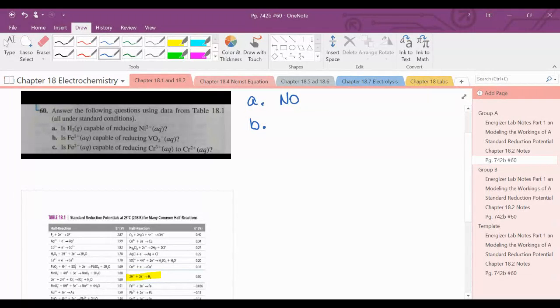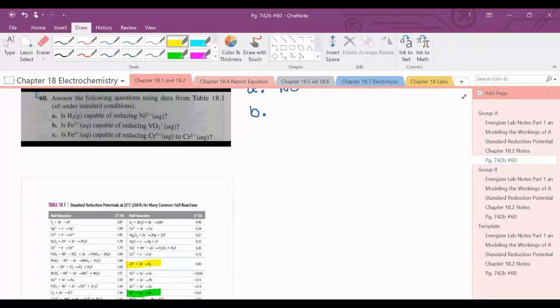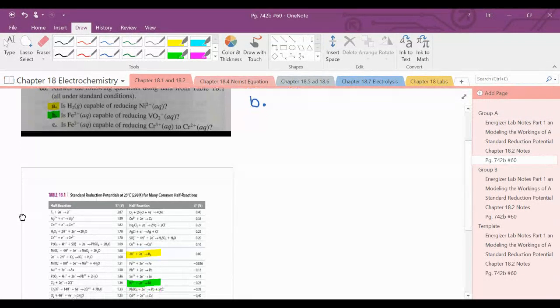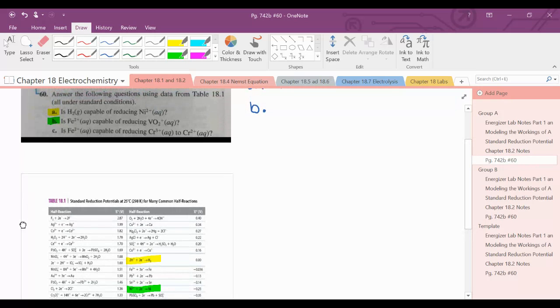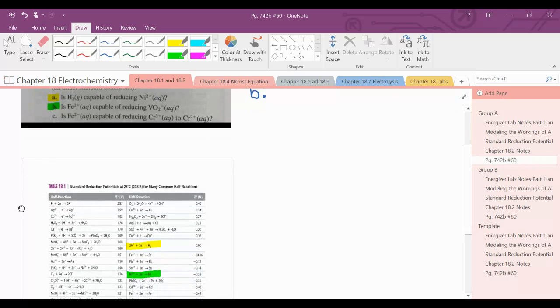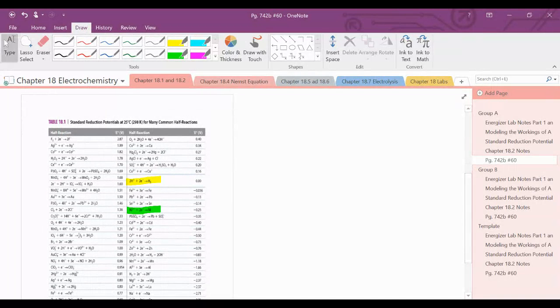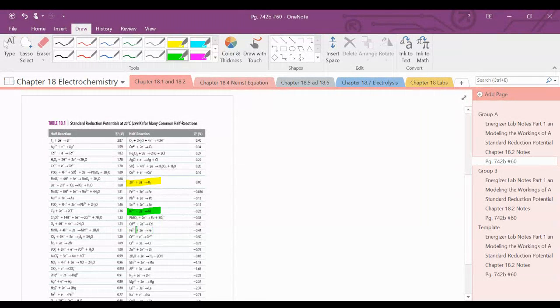For B, is iron 2 plus capable of reducing VO2 plus? I'll color code them. A was in yellow, B will be in green. So is iron 2 plus capable of reducing? Let's look. Here's my iron 2 plus half cell reaction.